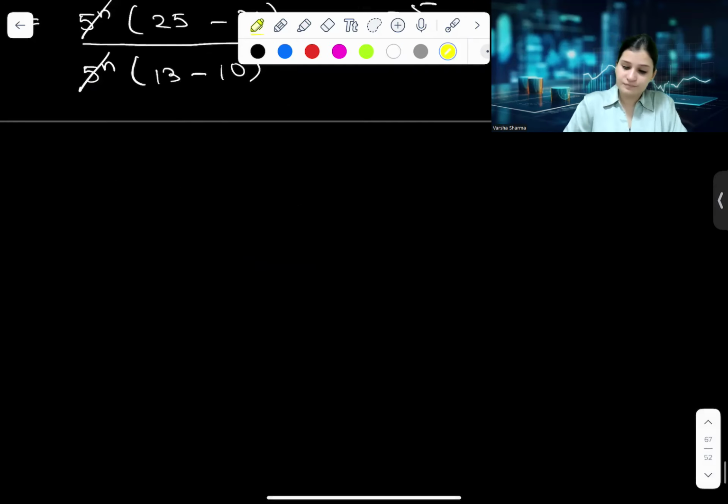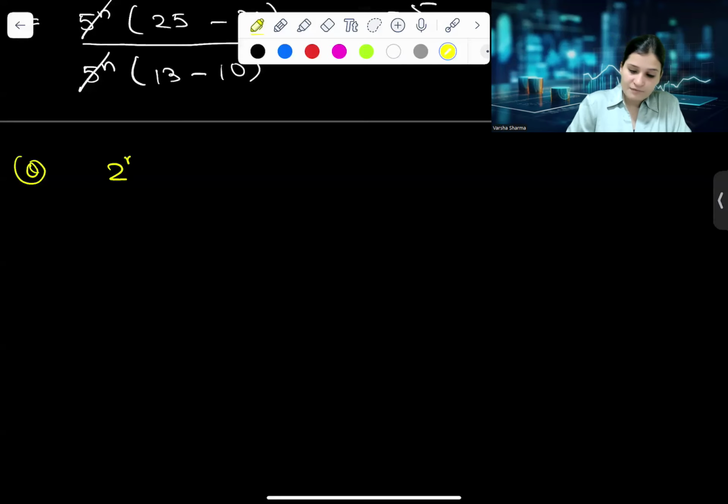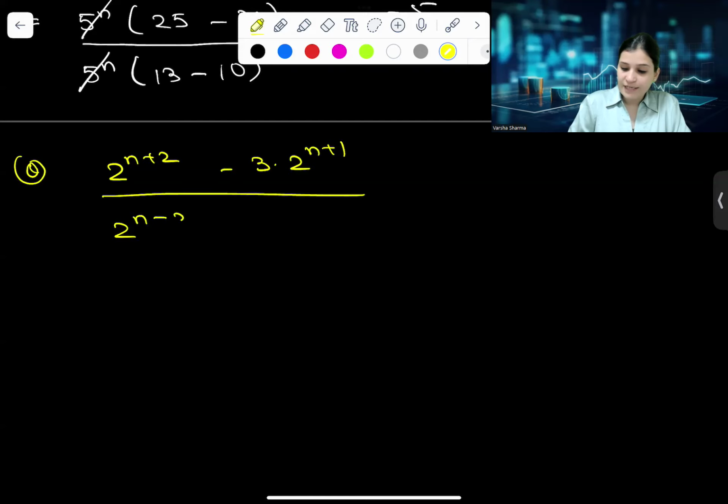Can you try? 2 to the power n plus 2, minus 3 into 2 power n plus 1, upon 2 to the power n minus 2 into 4 to the power n, minus 2 to the power n plus 2 to the power n. Right?